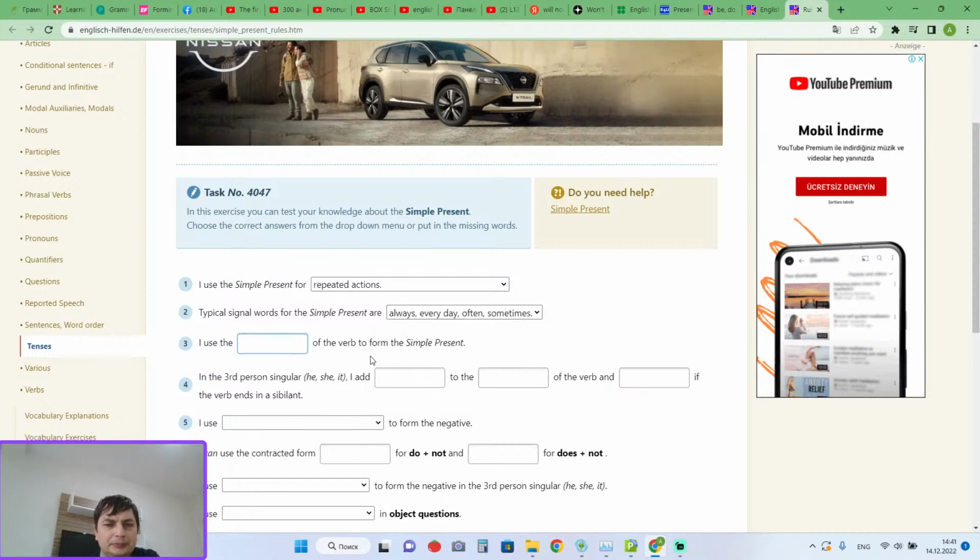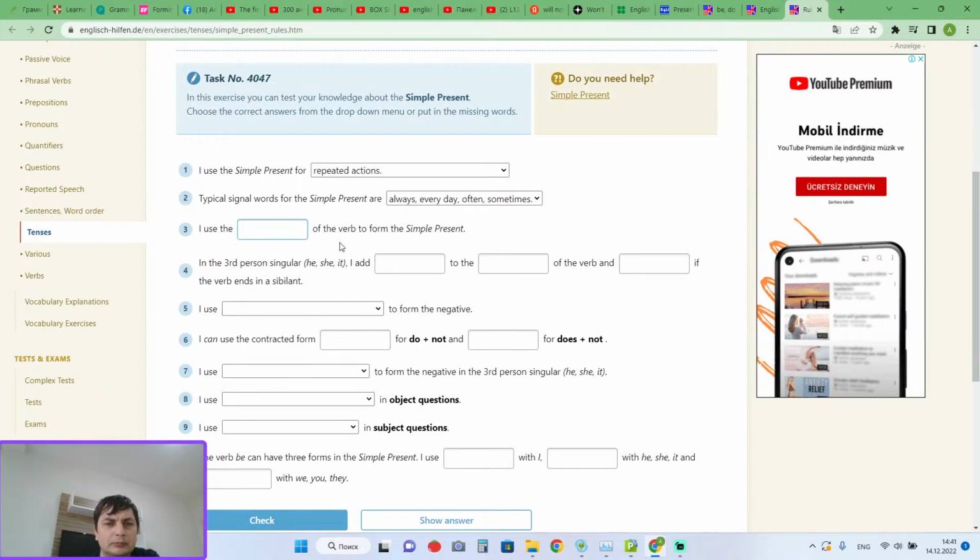I use the of the verb. I use the to form the simple present. Okay, what do I use to form the simple present?